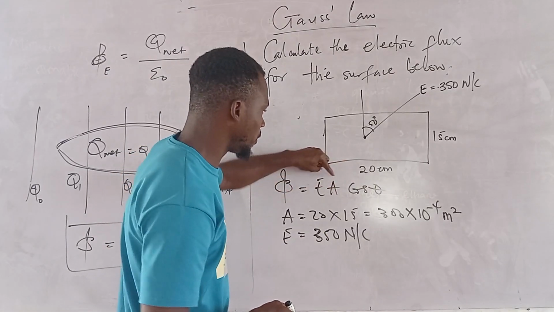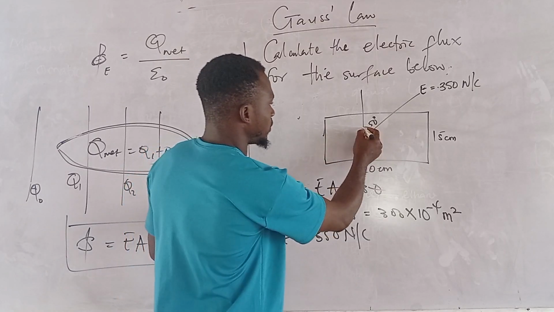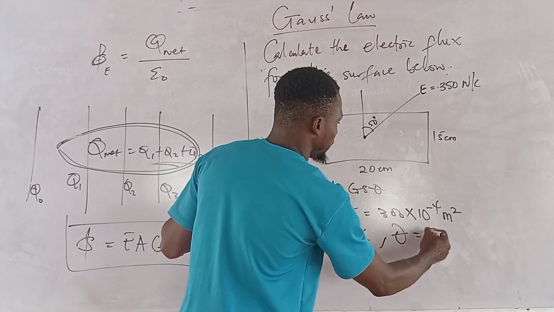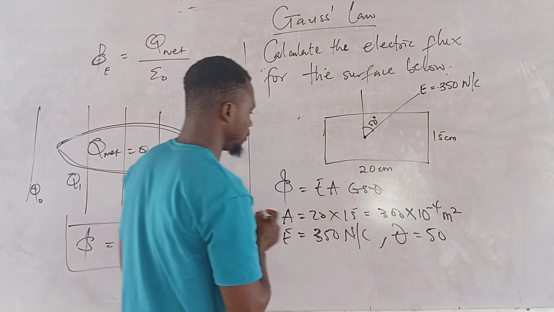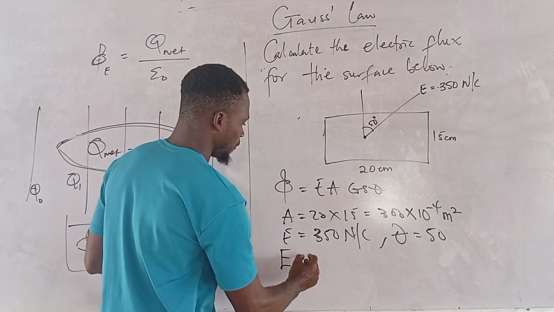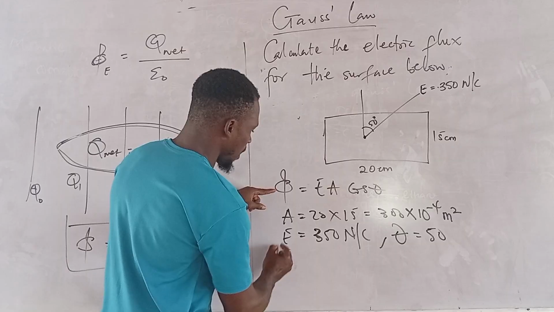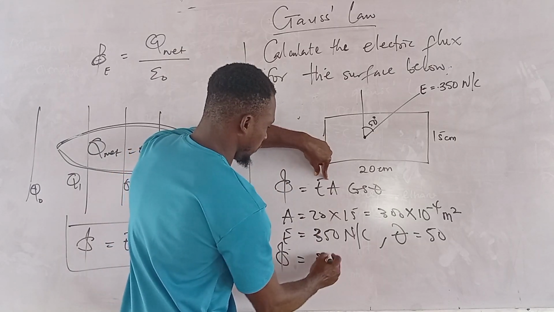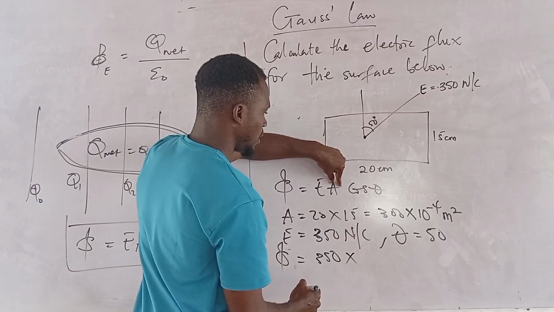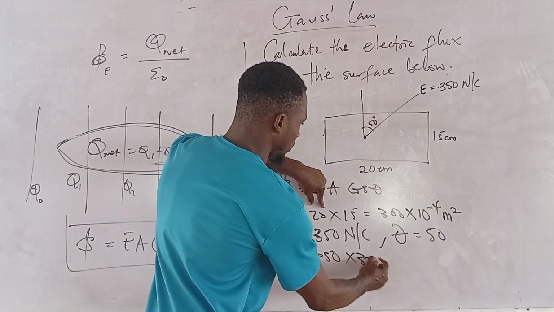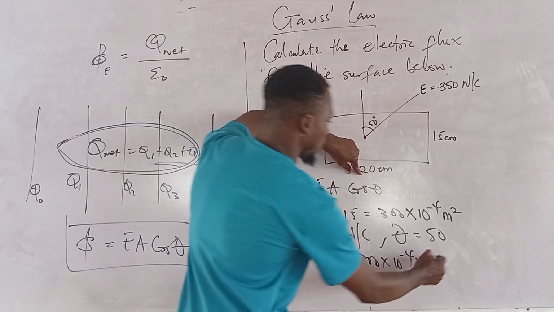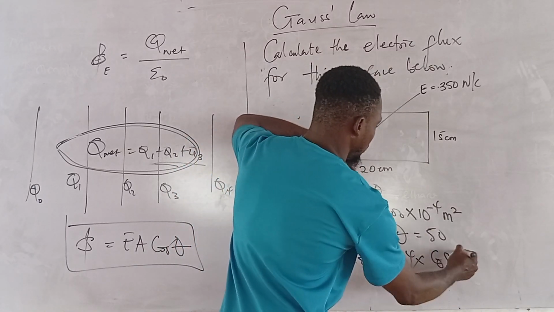So we can now substitute. Here you can see the angle, so our theta is given as 50. Substituting, phi is equal to E, which is 350, times A, which is 300 times 10 raised to the power minus 4, times cos 50.